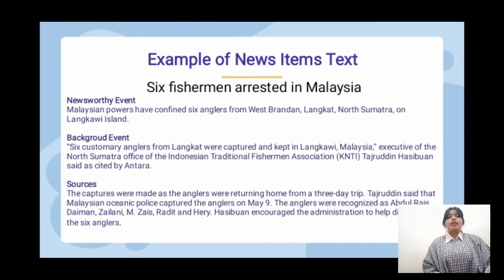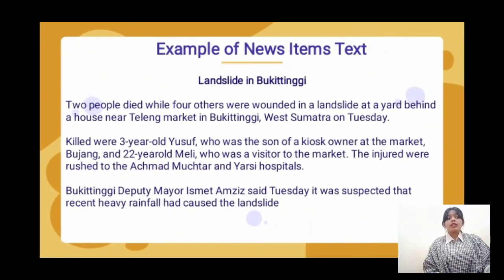I give you some more examples here, like this one. Landslide in Bukit Tinggi is the headline of the news item. And then the next, the 2 people died, is a newsworthy event because it is a summary and cause, that's why it can happen.